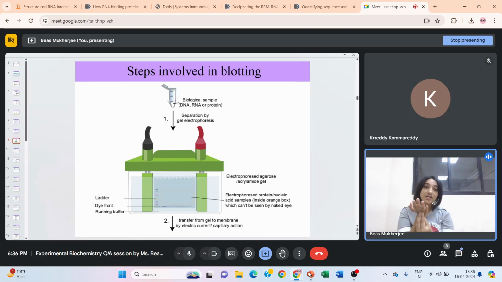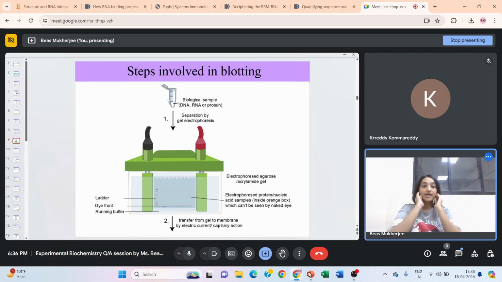So what happens? You run electric current. It passes through the filter paper, through the gel, through the nitrocellulose membrane and onto the other filter paper, and then to the electrode. So from one electrode to another electrode, your electric current is passing.